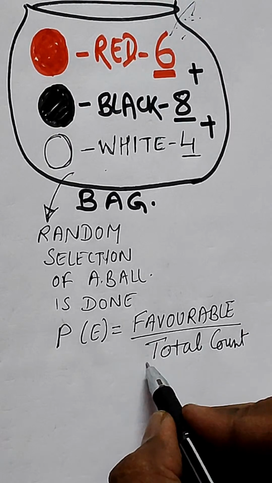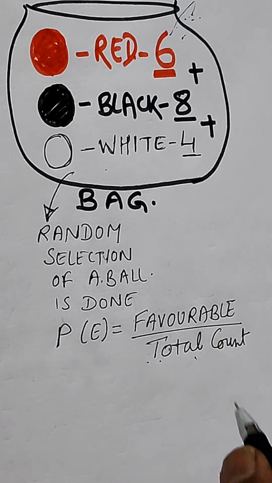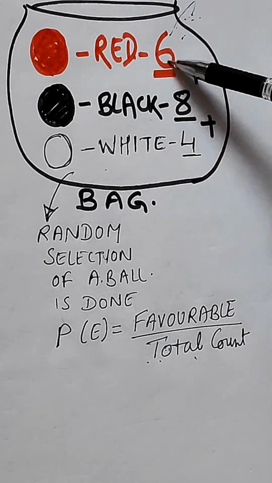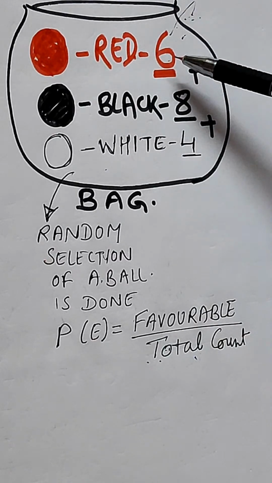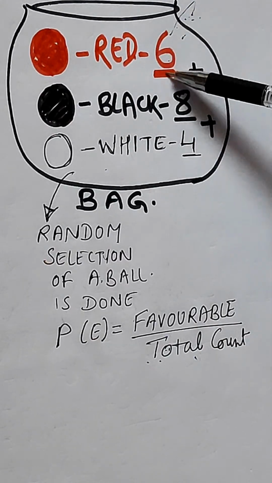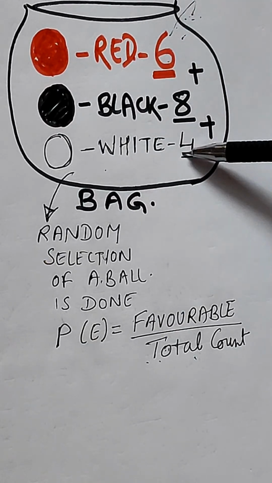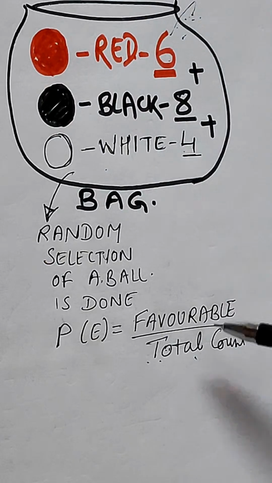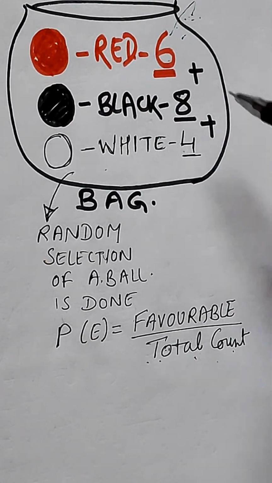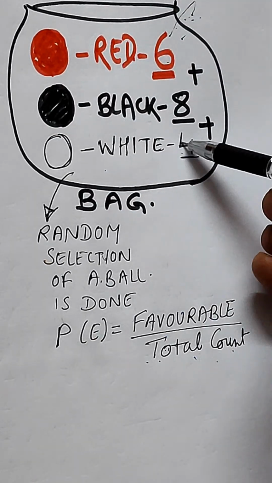Here, if you are pulling one ball out of this bag, it can be red, black, or white. So the total possibilities are 6 plus 8 plus 4, right?